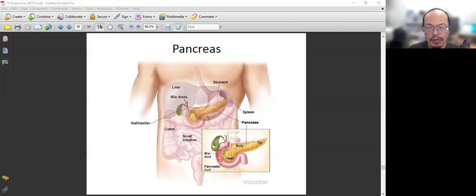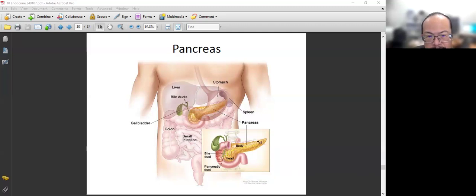Here is the food coming from your esophagus into your stomach, and then it goes into the small intestine. If we open this location, you can see the beginning of the small intestine, and coming down here, you can see the pancreas is adjacent.